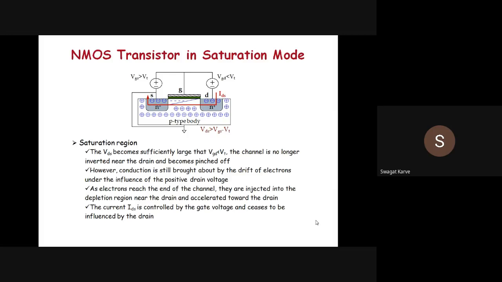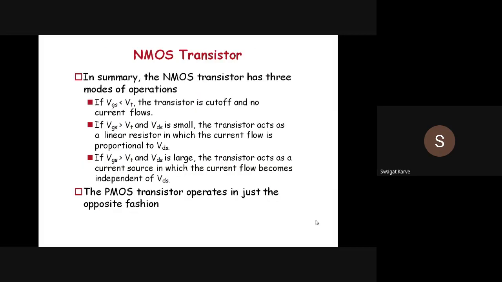That condition or region of operation is known as the saturation mode of operation. Okay, so this is the summary of the NMOS transistor and its three modes of operation.